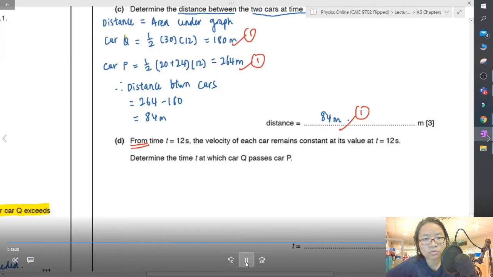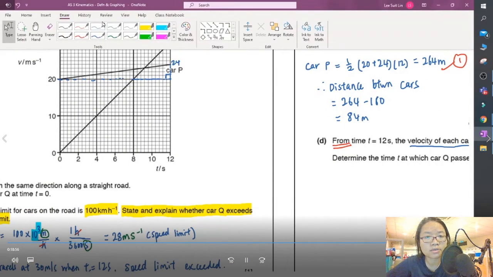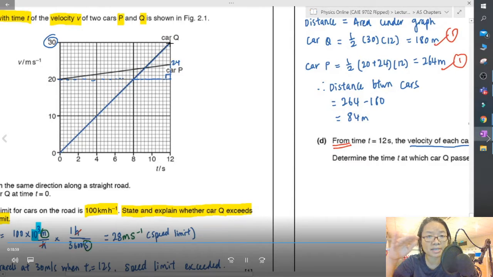From t equal to 12 seconds, the velocity of the car remains constant at its value at 12 seconds. Okay, determine the t where Q passes P. So Q will definitely pass P. Why? Because Q is faster. If you look at the graph given here, you can see Q is traveling faster, because after 12 seconds it maintains the speed.